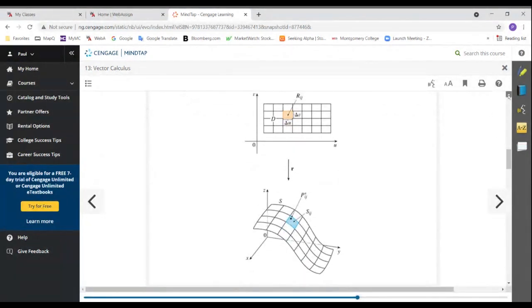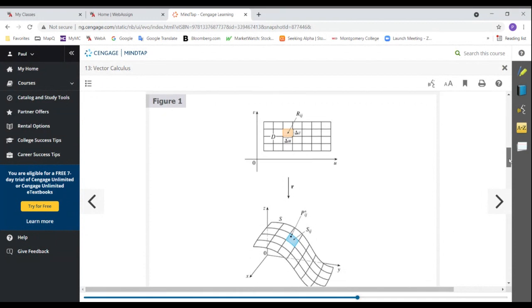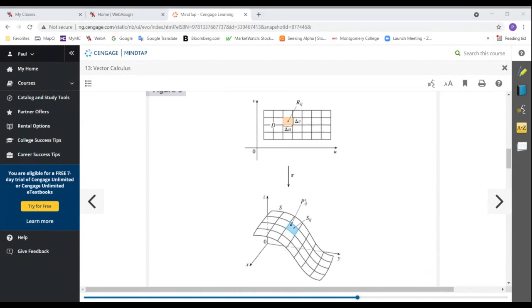This is figure 1, which gives you an idea here. Let me try to get that a little bit better for you all. So you have the vector function r.